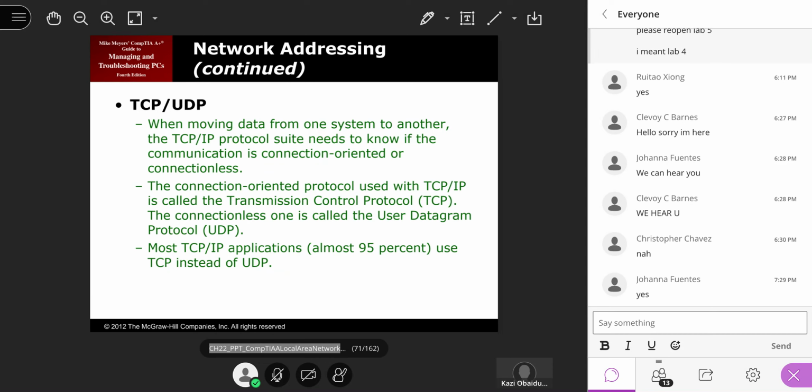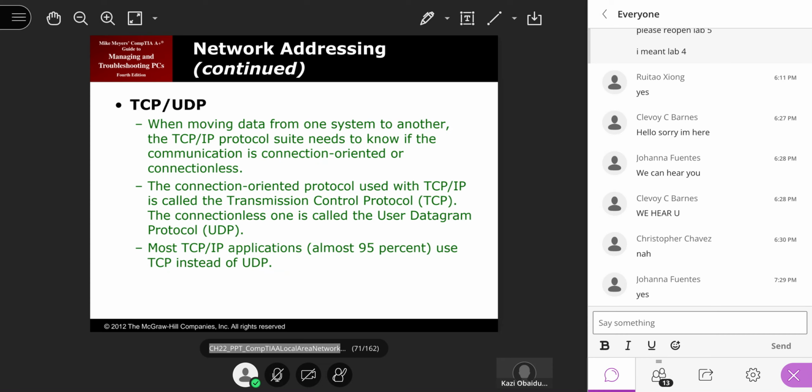Okay. Connection oriented protocol: I told you that the end-to-end connection is established through TCP and UDP. When moving data from one system to another, TCP/IP needs to know if the communication is connection oriented or connectionless. The connection oriented protocol is called the Transmission Control Protocol.